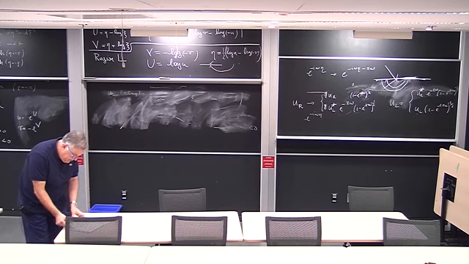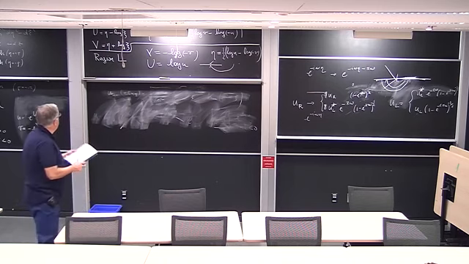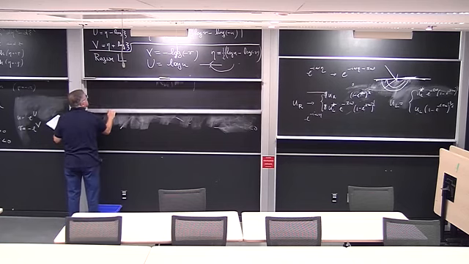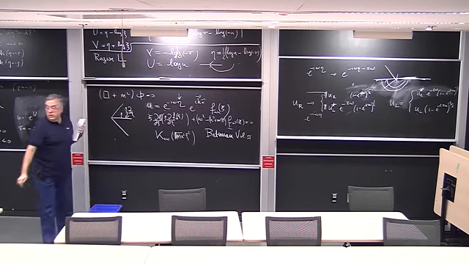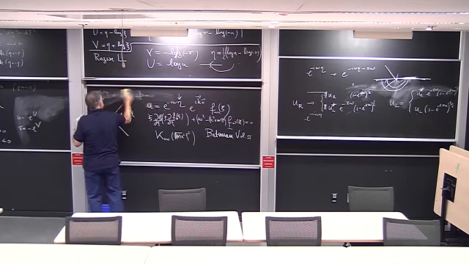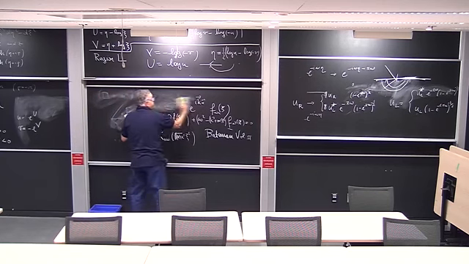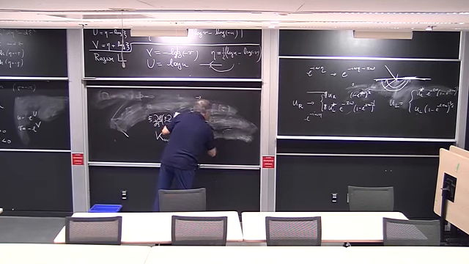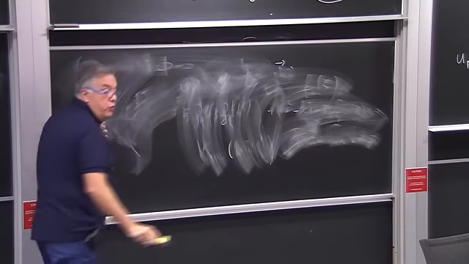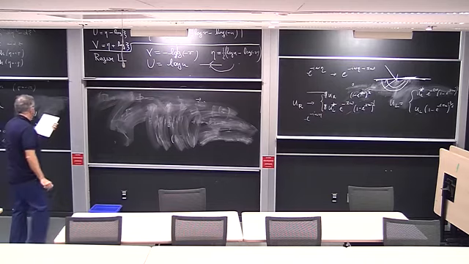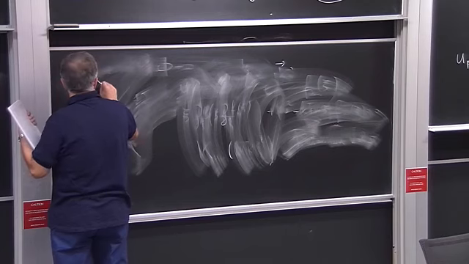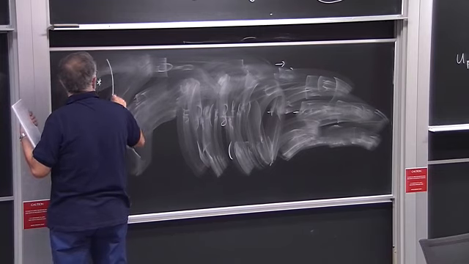Okay, so let me remind you of the formulas for the Bogoliubov transformation we are going to use. We can use one or the other way. I choose to use this way of writing.